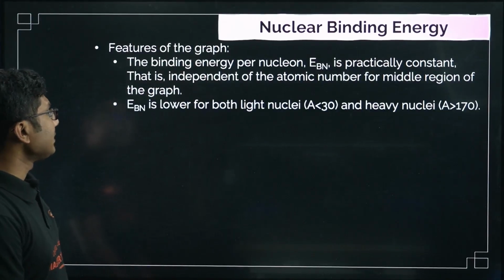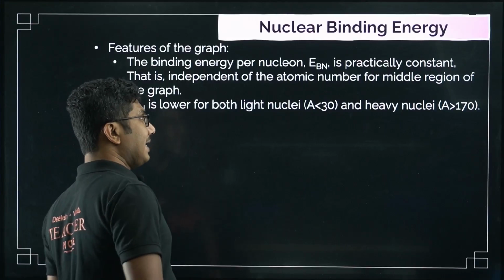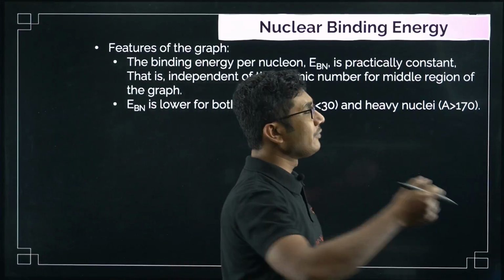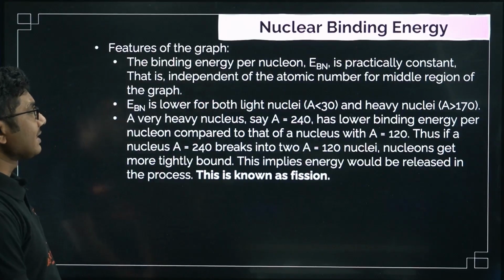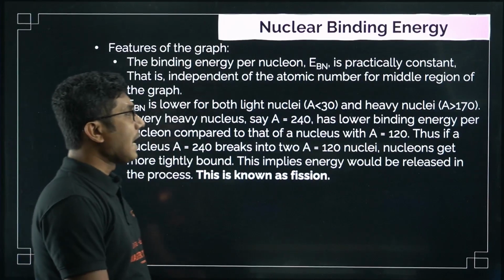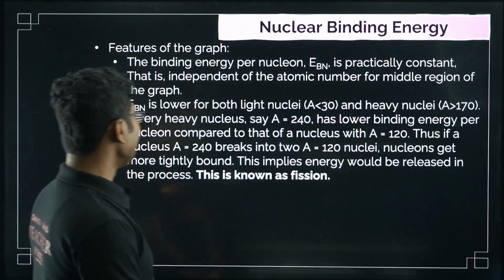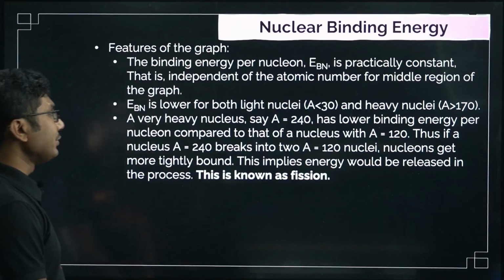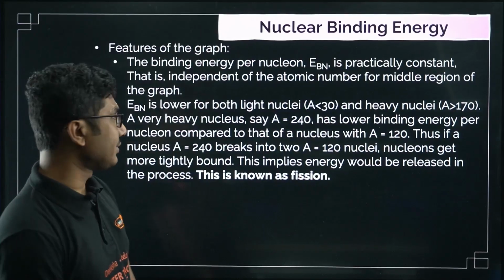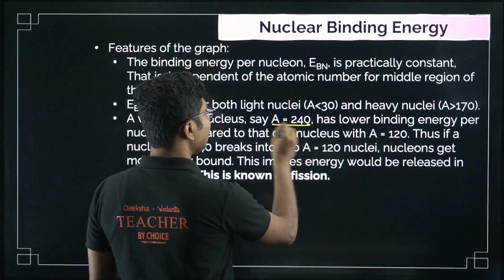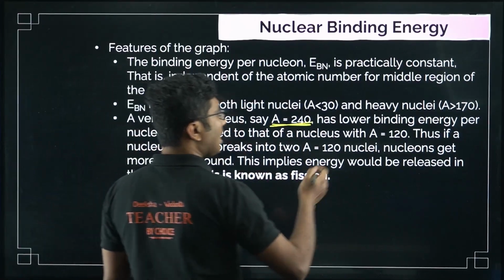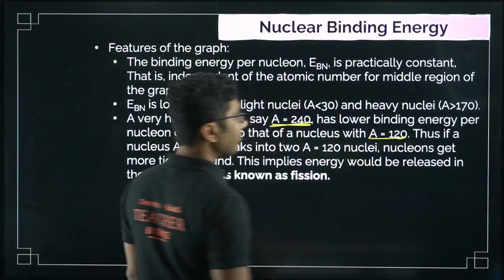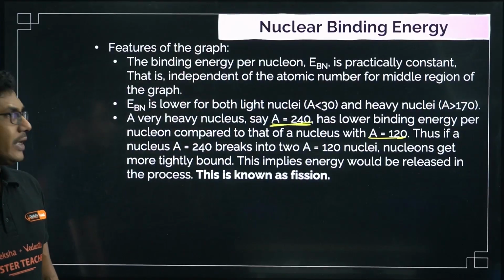Next, BE per nucleon is lower for both lighter nuclei, A less than 30, and heavier nuclei, A greater than 170. A very heavy nucleus, say A equals 240, has lower binding energy per nucleon compared to that of a nucleus with A equals 120.